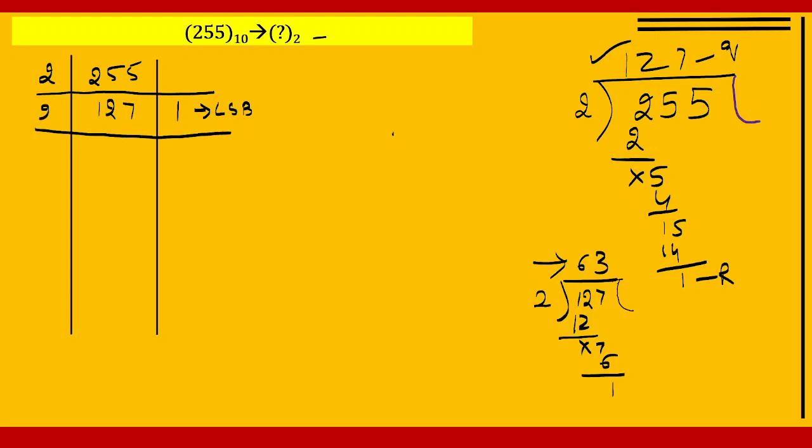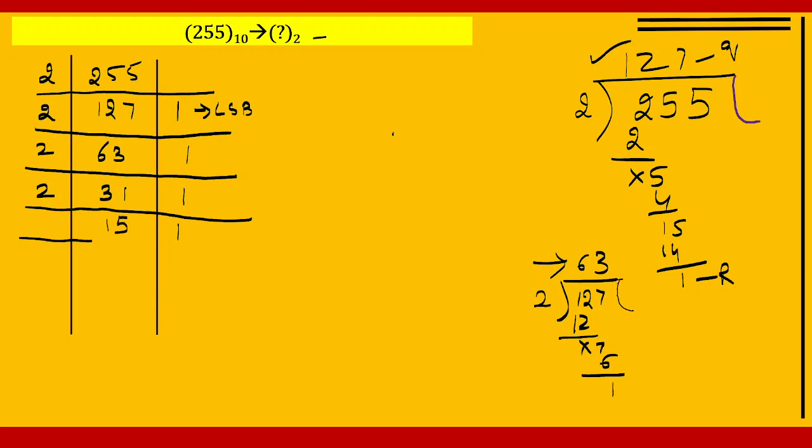So let me do it quickly. Now we will divide 63 with 2, and our quotient is 31 and our remainder is 1. Now we will divide 31 with 2, and our quotient is 15 and remainder is also 1.